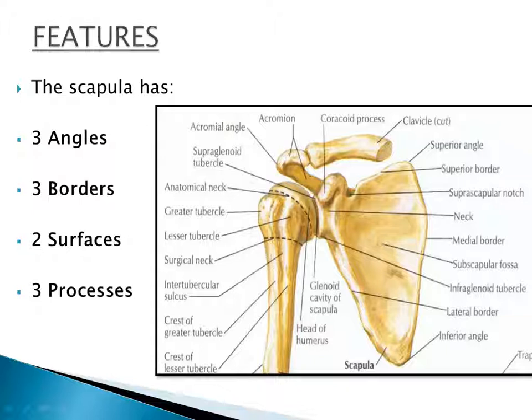Another process is present which is called as acromion process. So you can see this is acromion process. Acromion process is extending from a spine which is called as spinous process, which can be seen in the posterior view of the scapula.